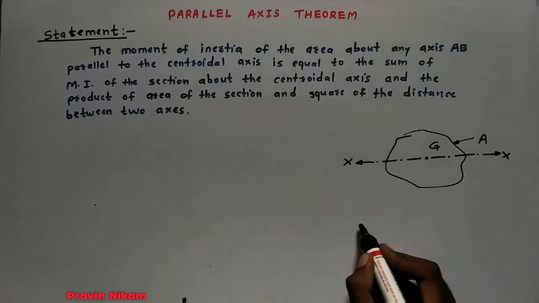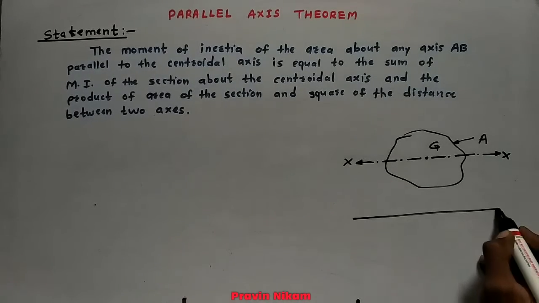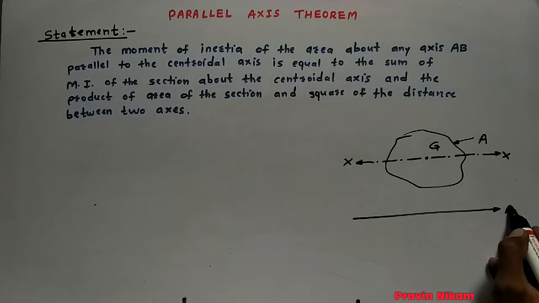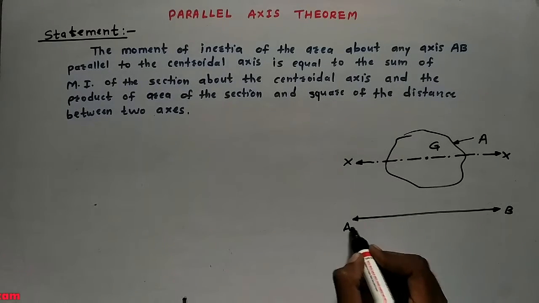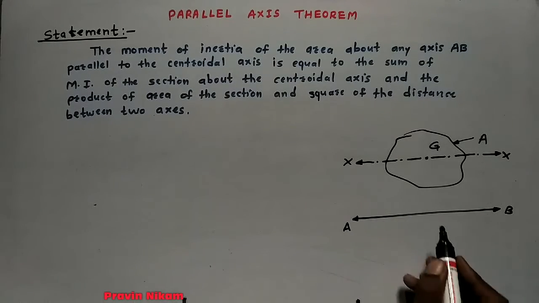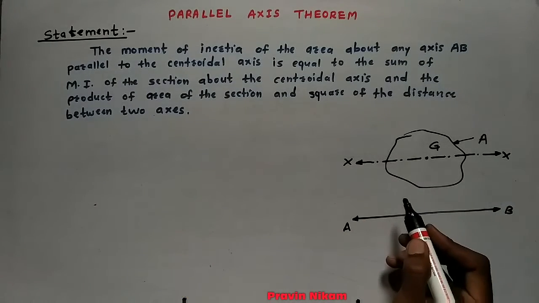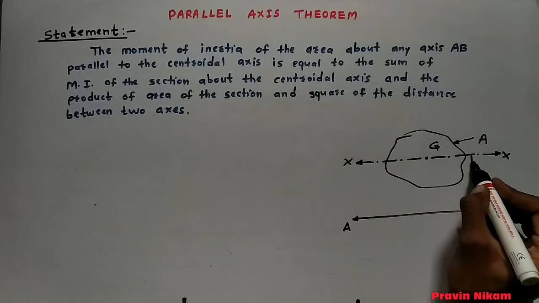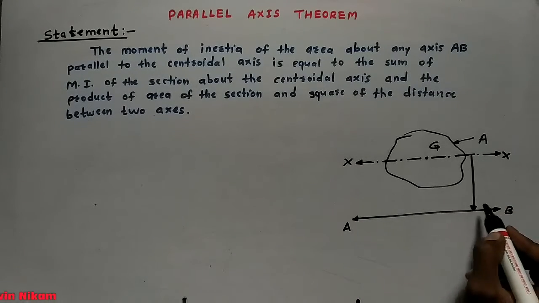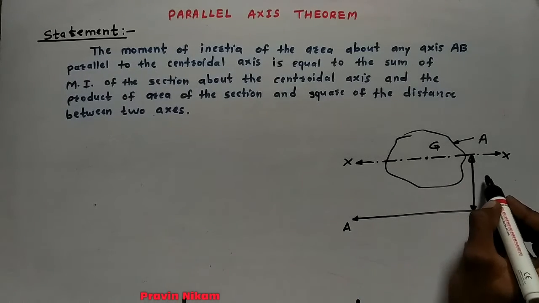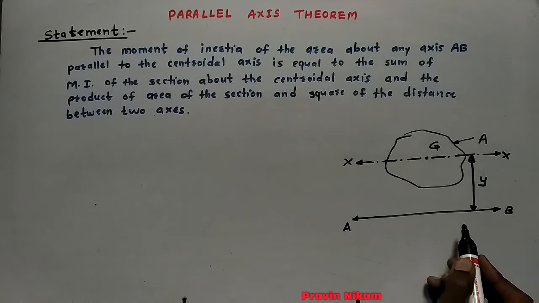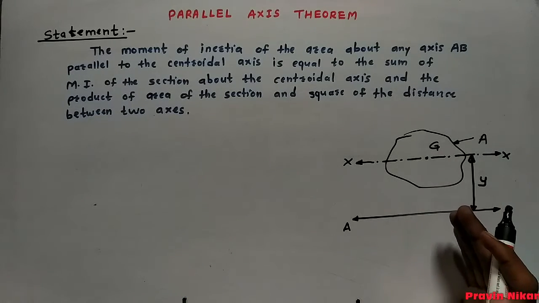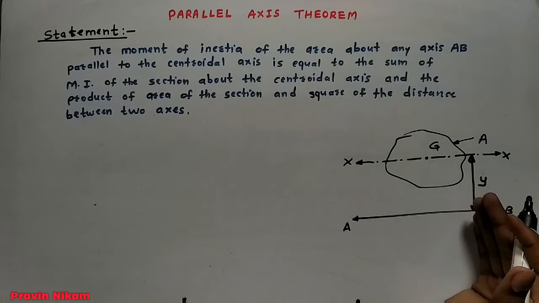Now take axis AB parallel to this centroidal axis. This is the distance between the two axes. Because this is a vertical distance, take it as y.